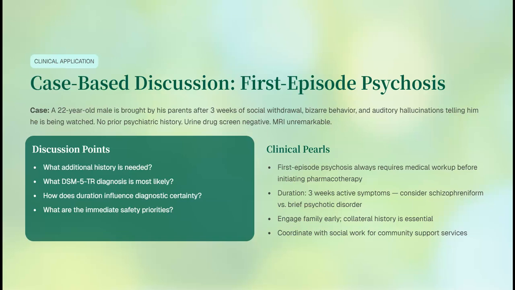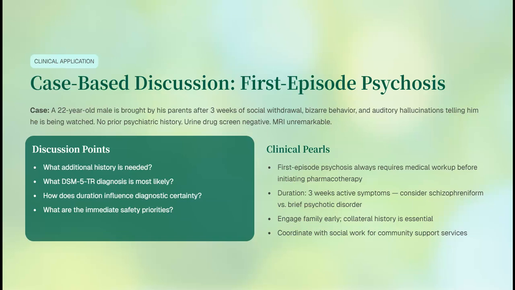What DSM-5 diagnosis is most likely? Let's look at the time. There's 3 weeks of active symptoms. So we're looking at schizophreniform disorder, 1 to 6 months, versus a brief psychotic disorder, which is days to a month, right?